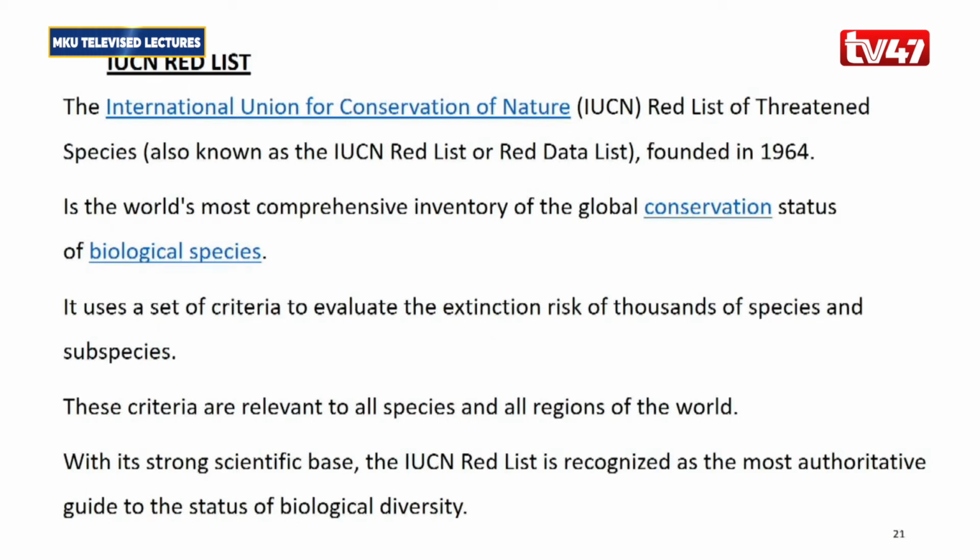Now, one aspect about the IUCN Red List. This Red List was established to tell us about various risks surrounding species and subspecies, and it becomes a very important tool to tell us about the biological diversity status all over the world.